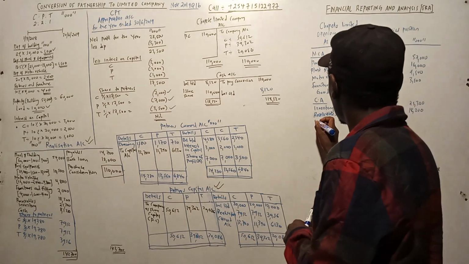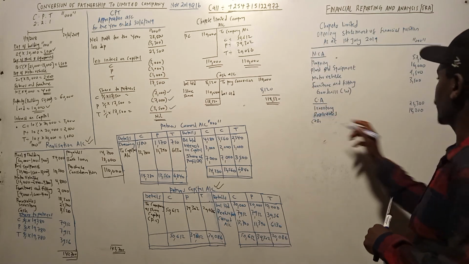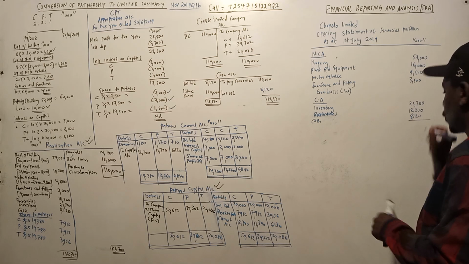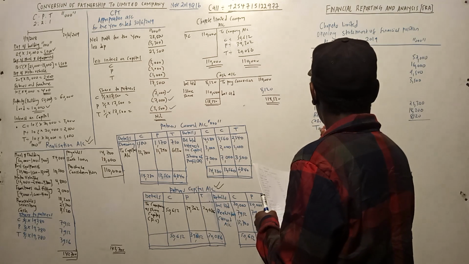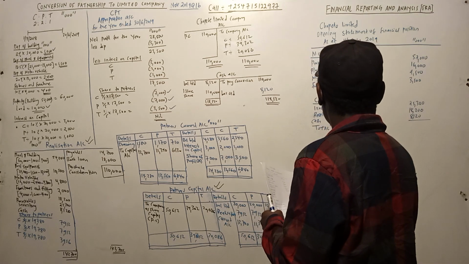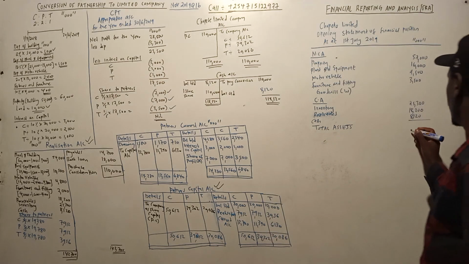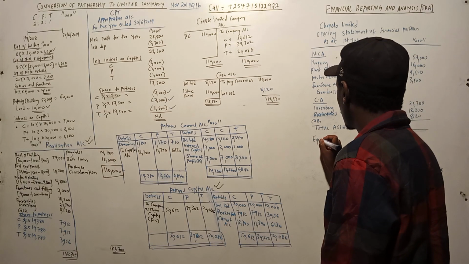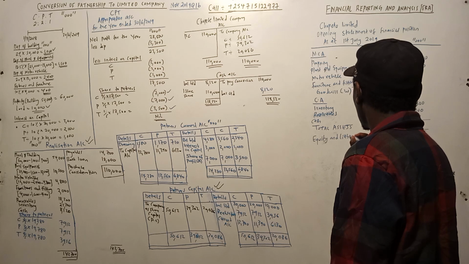We have cash. Cash is 8120. So that we get our total assets. Then equity and liabilities, because now it's a company, we have equity and liabilities.